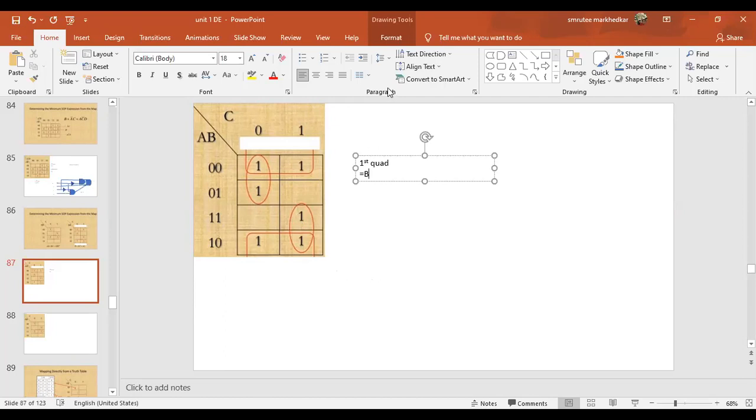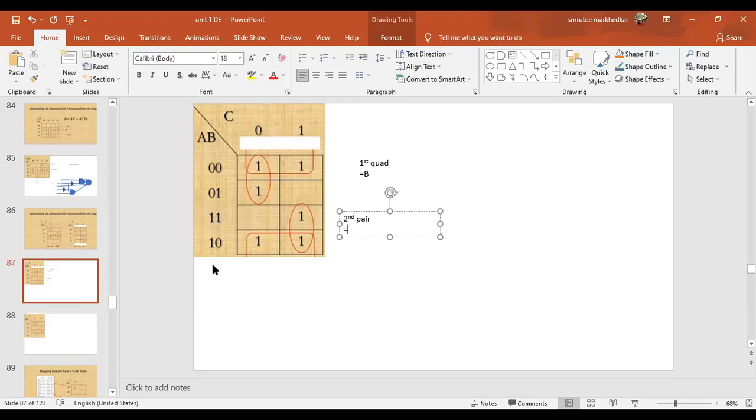Next, we are having two pairs, if you see. So let's go with the next pair. One pair is here. So the second term that we have got is a pair. I'm talking about these two terms right now. Let's see the AB part.